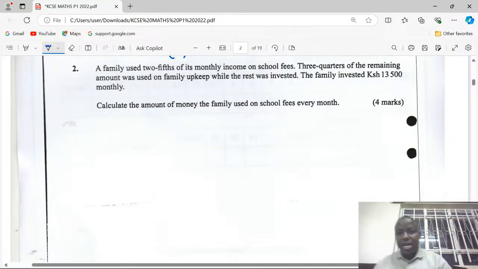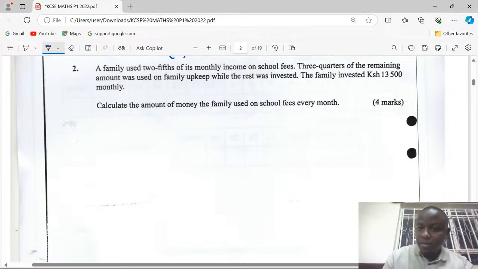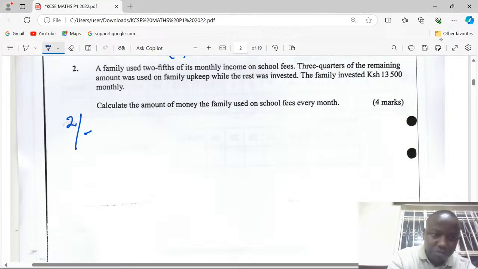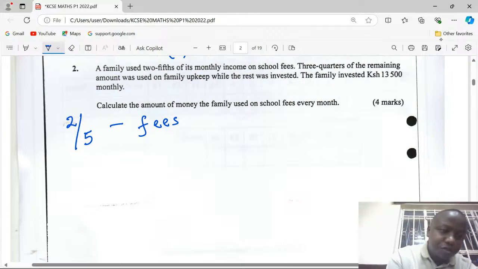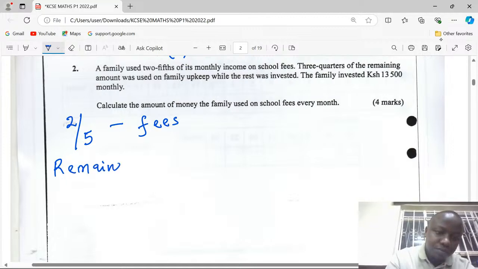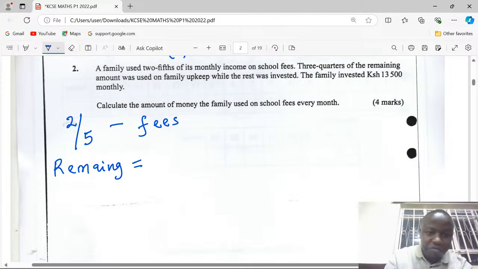So what we shall understand here is that there is an initial fraction of 2/5. This one goes directly to school fees. Then again, 3/4 of the remaining. We should tell ourselves that the remaining at this point, when we spent 2/5 on fees, becomes 3/5.